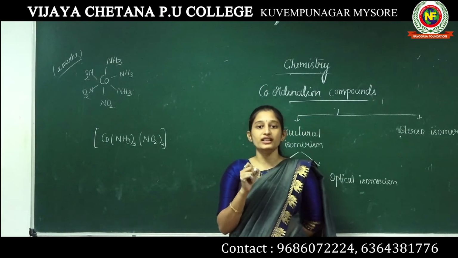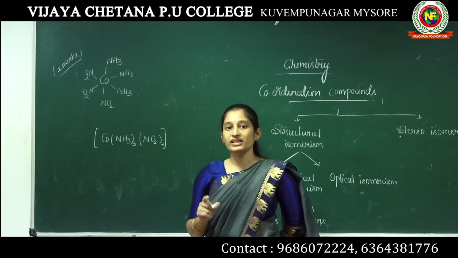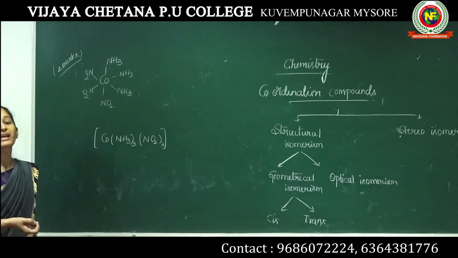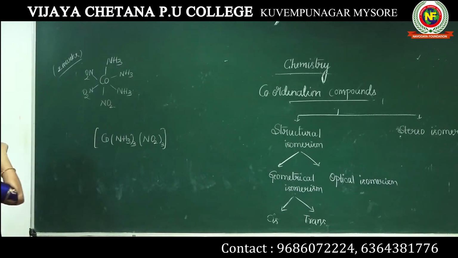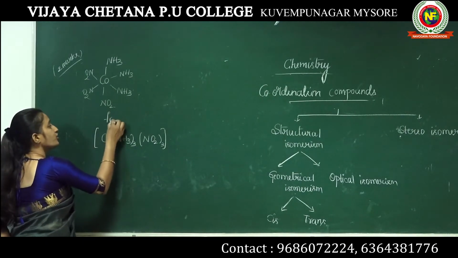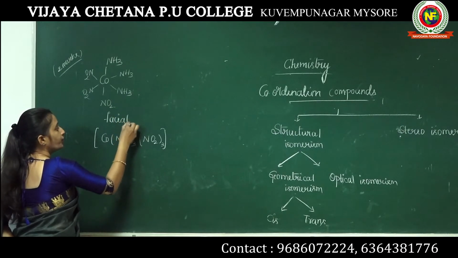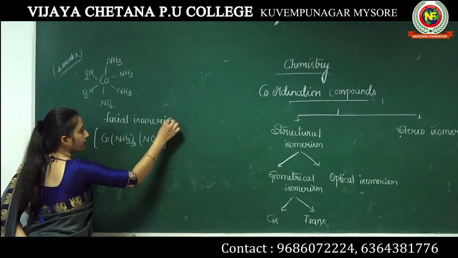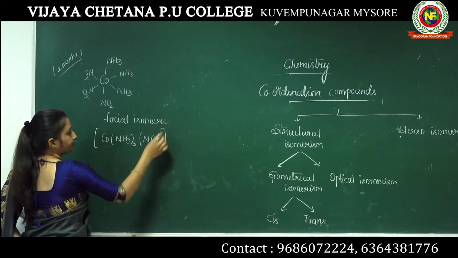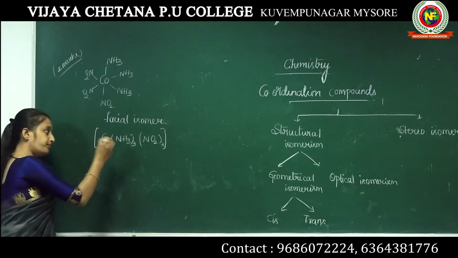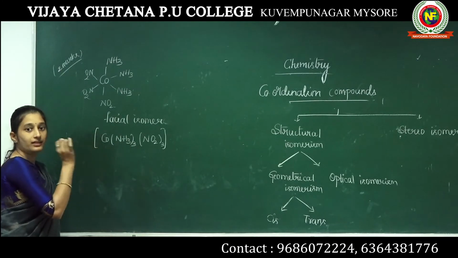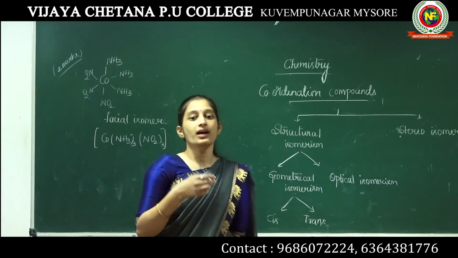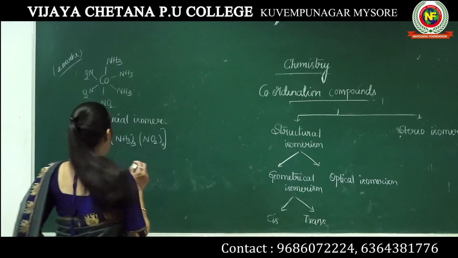Here one more special name we are using. First one is facial isomer and second one is meridional isomer. See, this is facial isomer. For this, they will give this example only, and they ask you to write the isomer for this type of compound.